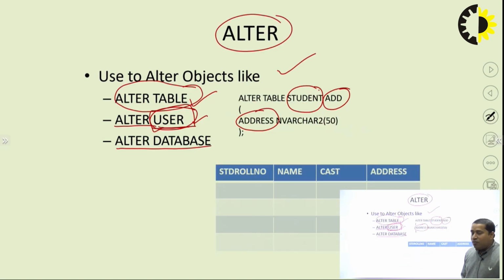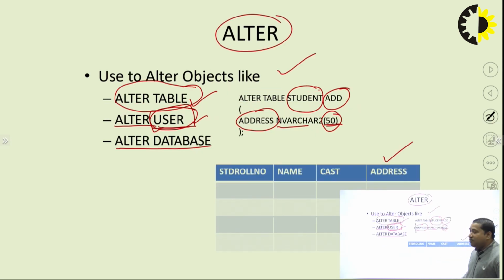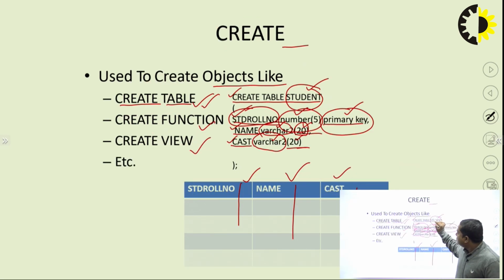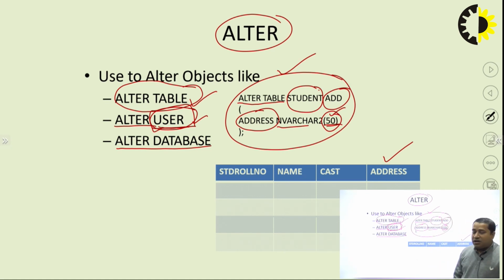Then we are adding one more attribute, address, having the data type nvarchar2, along with a size of 50, because the address field includes more words and needs more size than name and caste. So here we are altering this table, whose schema was already created using the earlier command. The change is that we are adding an extra attribute or field in this existing schema.